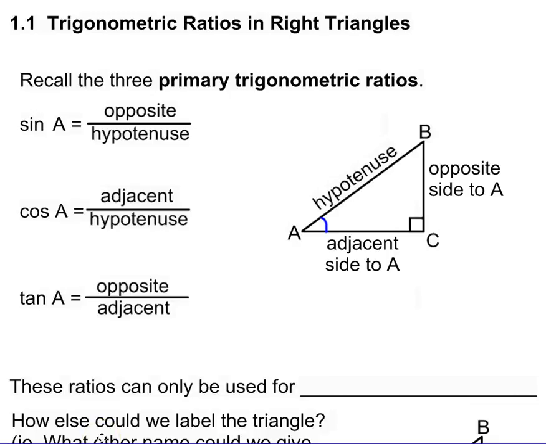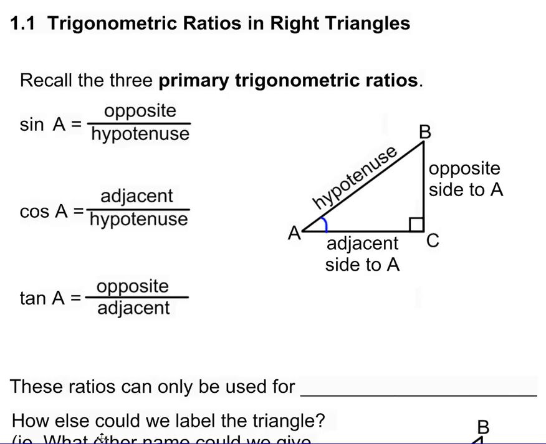We've done the review. You've gone through looking at similar triangles, and you should have, at this point, understood that the ratios of particular side lengths, opposite over hypotenuse, and opposite over adjacent, are tied to a particular angle in a triangle. And that angle has locations which can change, and the value of course can change depending on the shape of the triangle, and this is a unique ratio for every angle.